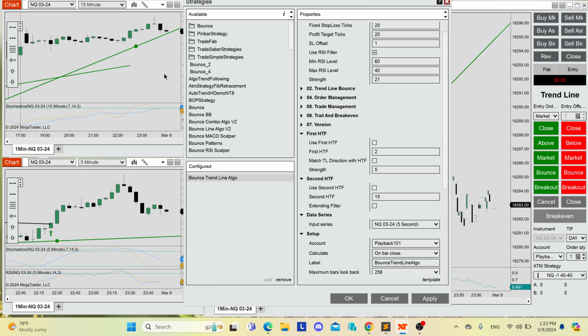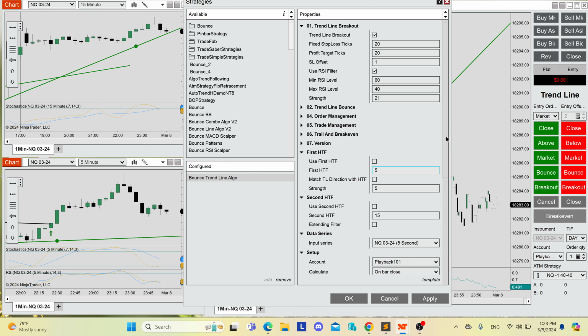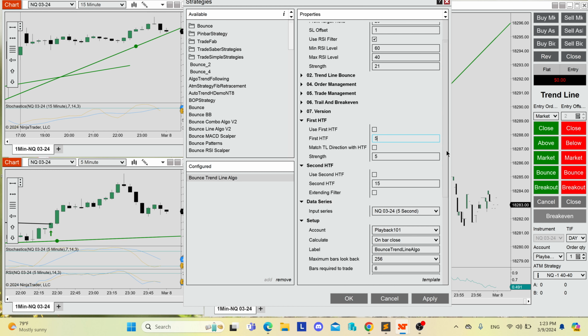You get to define your minutes for the first. Let's say 5, so our first higher time frame would be 5. If I don't want to use any higher time frame filters, then you simply leave it unselected. But if you choose to have it, then you will want to select this.